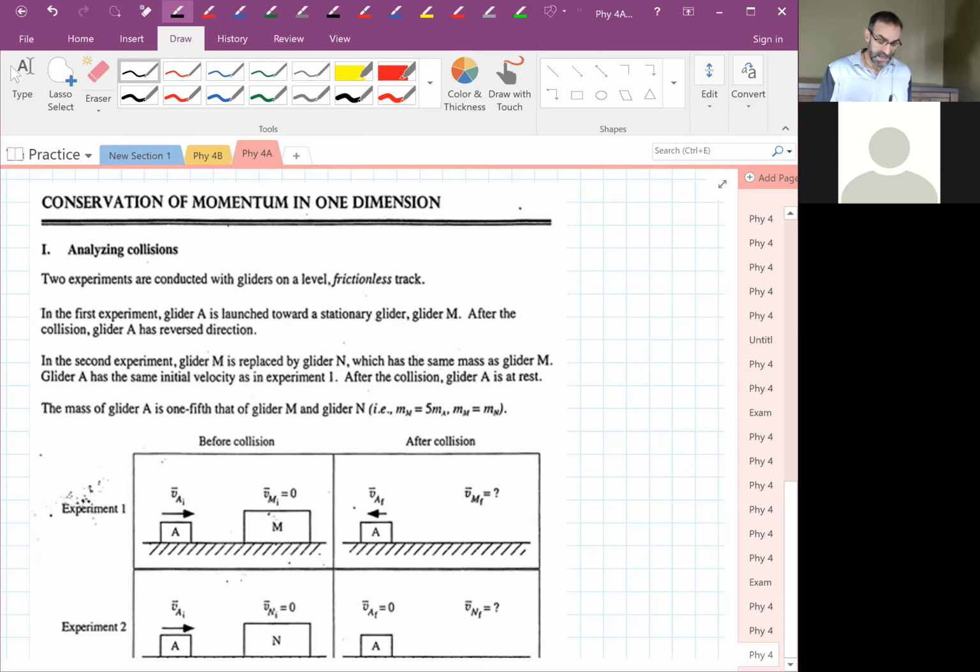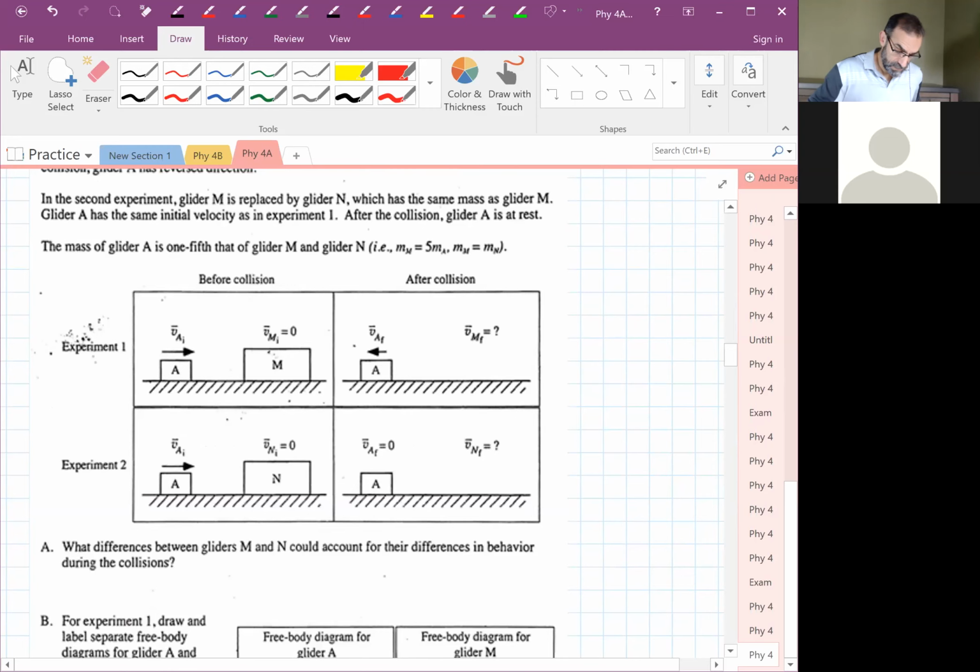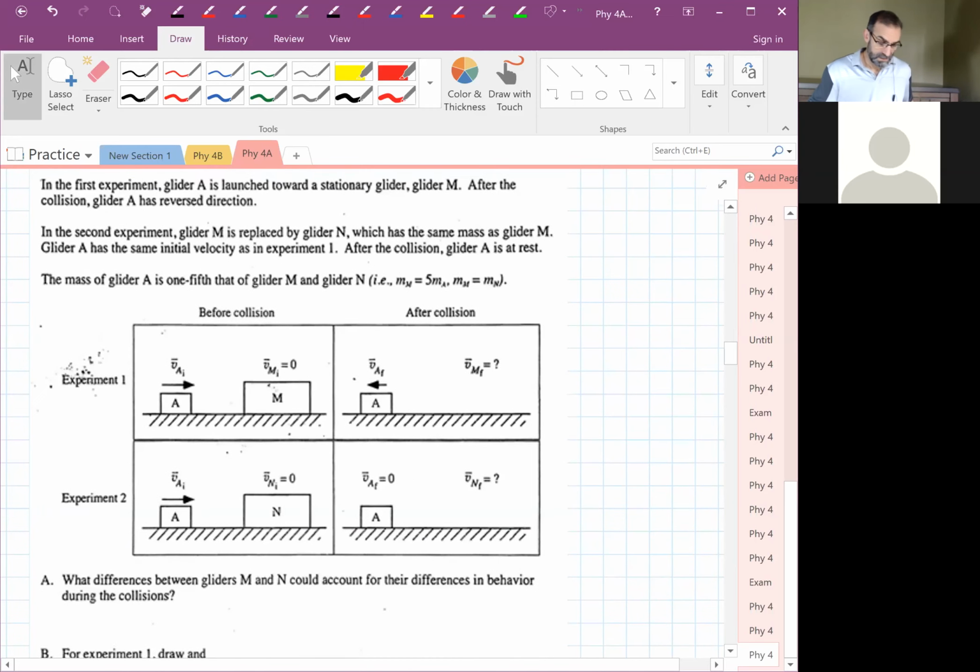And in the second case, A comes in, hits it, and comes to rest, and the other one slides off to the right. It says, what differences between M and N could account for the different behavior of the collision?